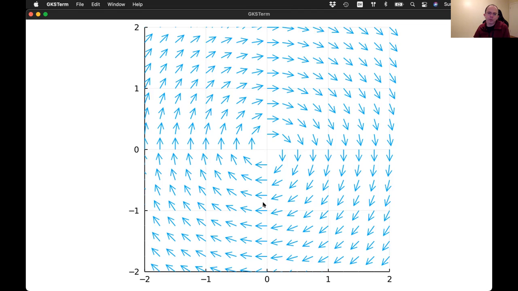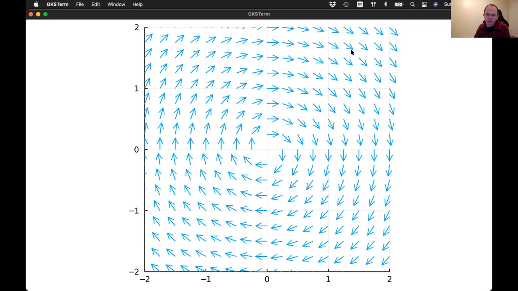And down here we have 0 minus 1, so that will give us minus 1, 0, and that's pointed in that direction. So that's how we get these arrows.